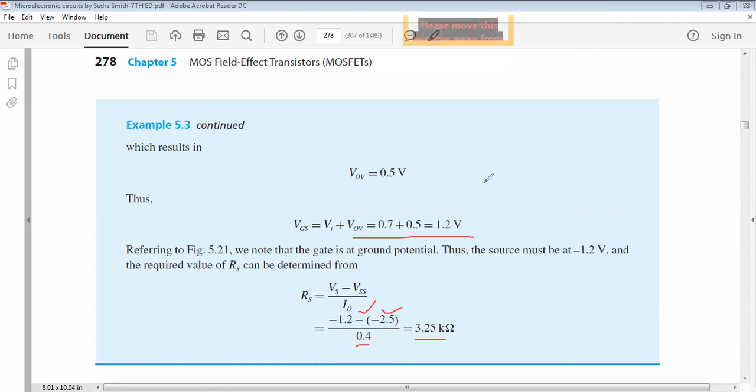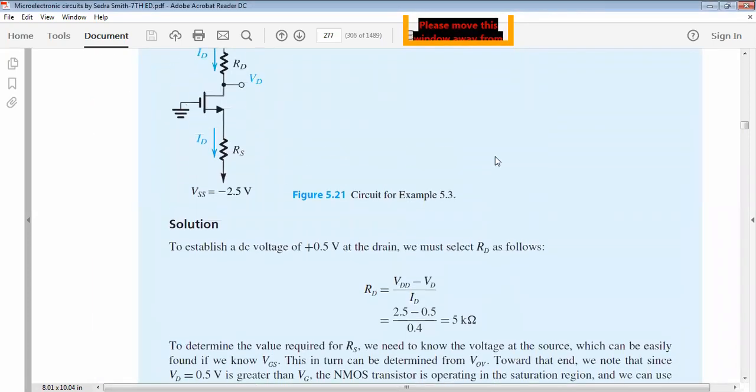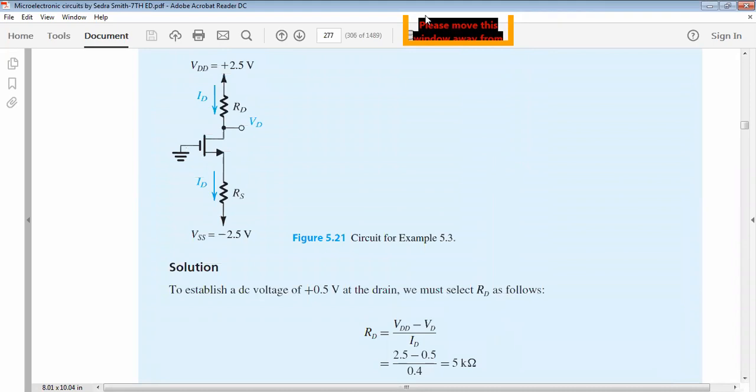Like that, we can easily design an NMOS circuit for the given parameters. Sometimes, in the problem, the circuit may look different with the gate terminal. Observe the gate terminal.